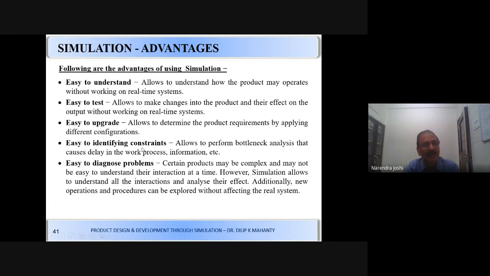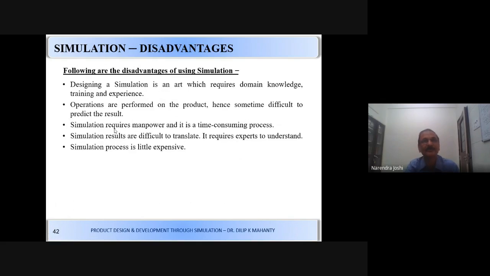Especially, do I understand all the constraints there, or is there a bottleneck in this whole thing? And if I have understood the problems, can I diagnose them so that I can find out how to overcome them? Is the upgrade possible? Are we able to do that? Can I upgrade the product to the next level? Better use, better time-saving decisions.